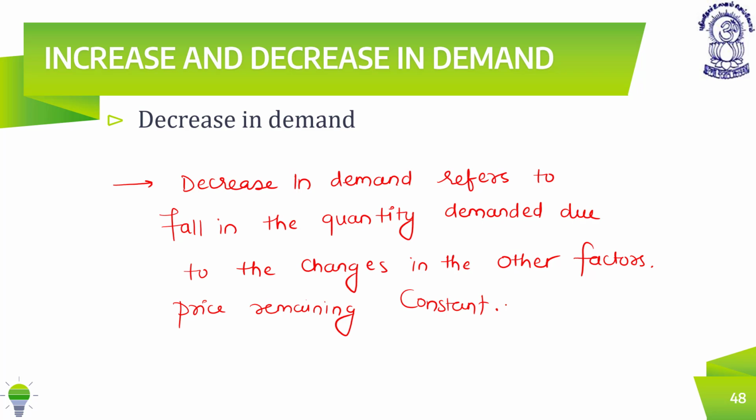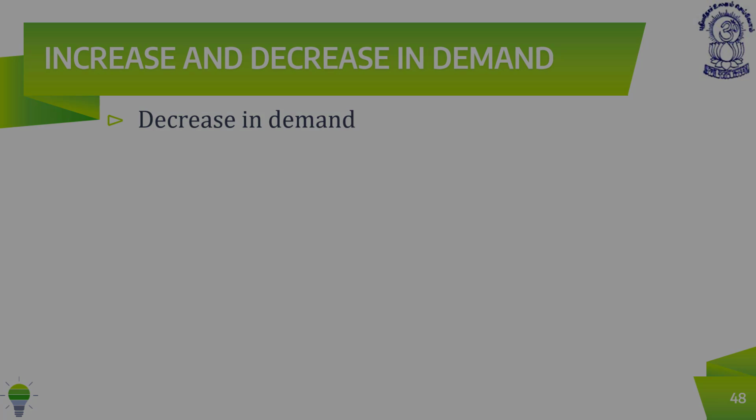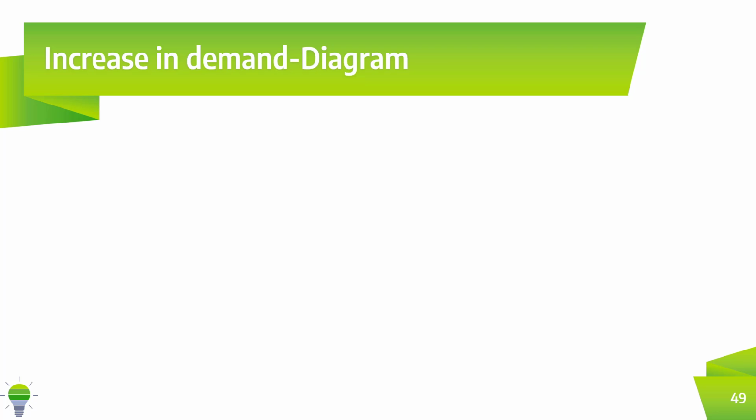I believe you must have understood till over here. I'll make a diagram for increase in demand. Just copy along with me. This is x axis, origin, y axis. Over here I am showing price in rupee.